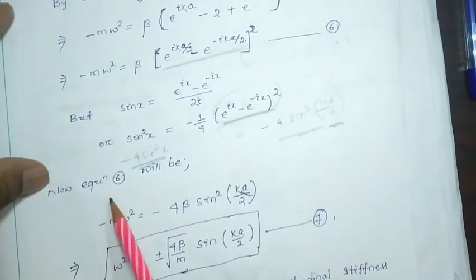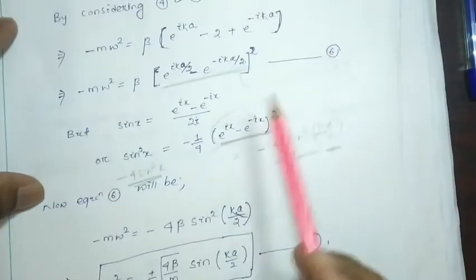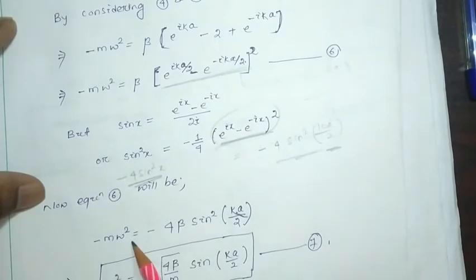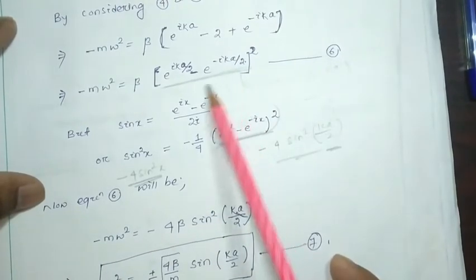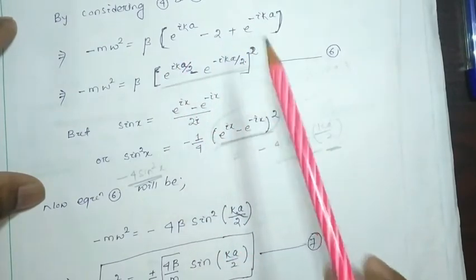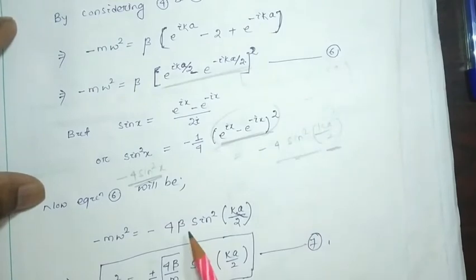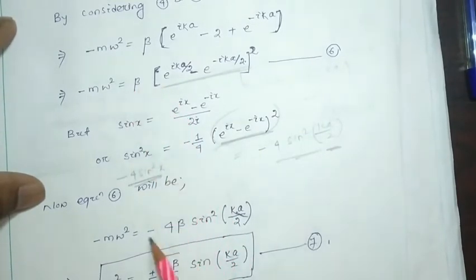Now equation number 6: minus m omega square will be equal to minus 4 sin square ka by 2, so it will be minus 4 beta sin square ka by 2, as beta is already there.